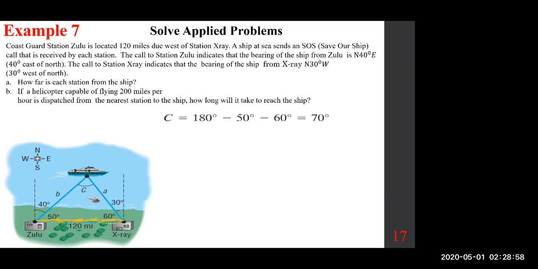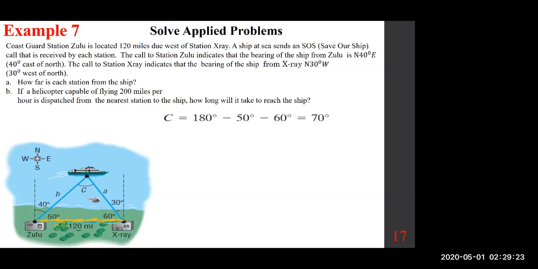Okay, so we have lowercase c, 120 miles. Lowercase a and b can be found by using the sine law.